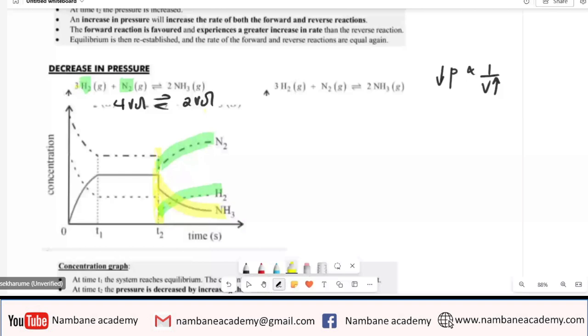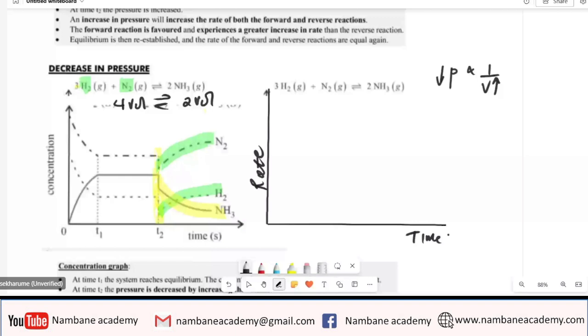So this side, I'm going to draw the graph of rate versus time. So I'll be drawing the graph of rate versus time.